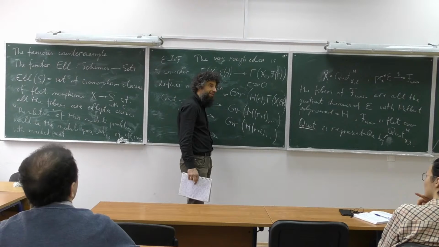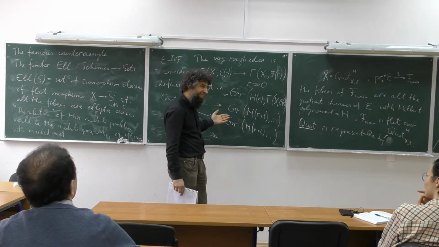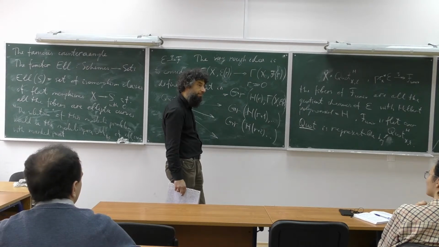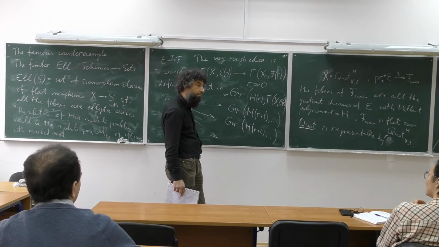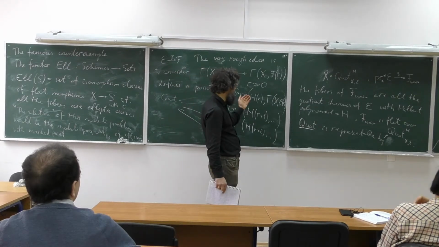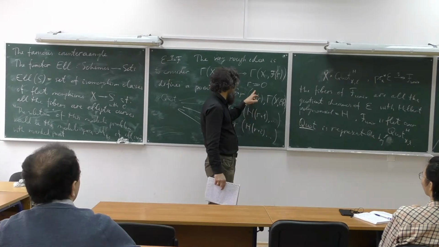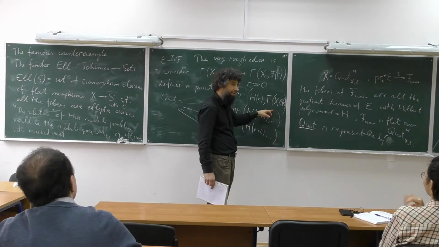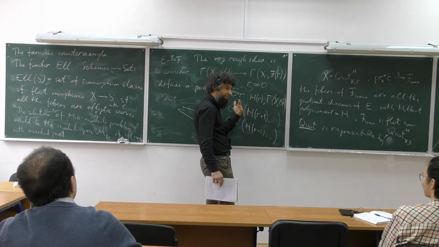By the quotient we construct a subspace in the global sections. When I say Grassmannian, I mean this dimensional quotient of this vector space. But it doesn't matter. Take the kernel, you will have a subspace, it doesn't matter.